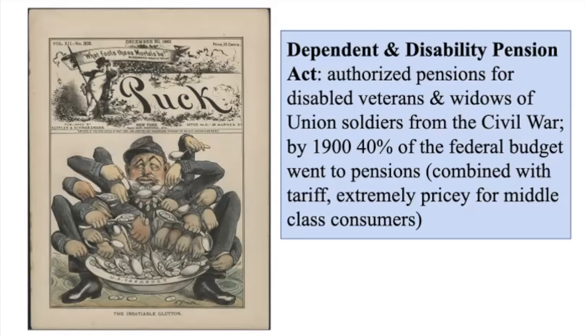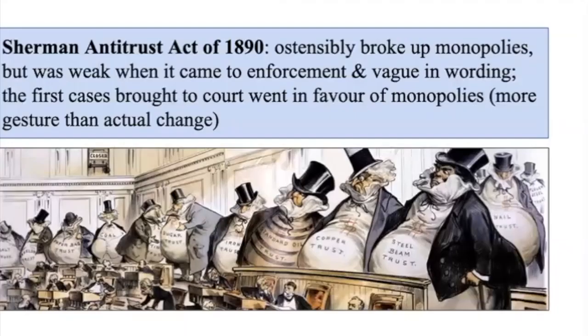The combined tariff pension strategy backfired by resulting in increasing prices for consumers, many of whom were in that white middle-class voting bloc that we were talking about a couple of lectures ago. Republicans tried to get anti-big business credibility with the Sherman Antitrust Act of 1890.